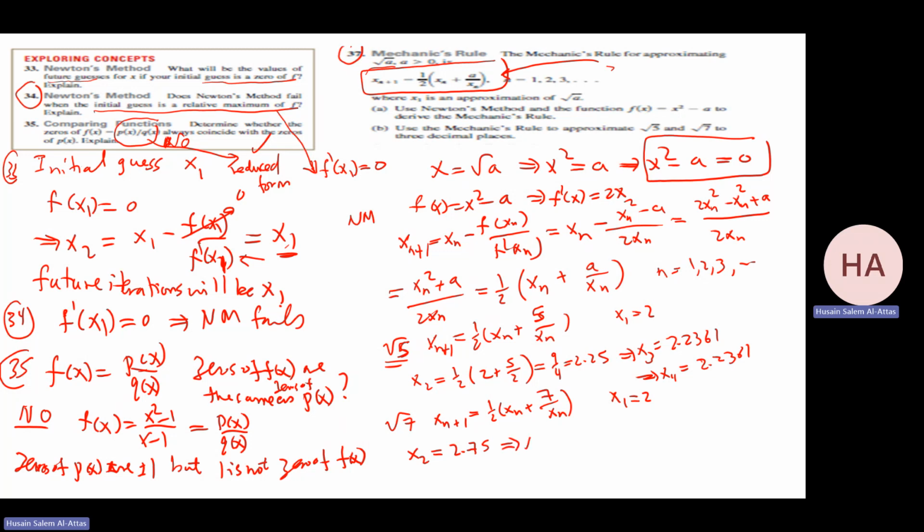Now do the calculator. x3 will be 2.6477 and x4 is 2.6458. And x5, which will be a good approximation, is 2.6458, which is the same. It's a good approximation.